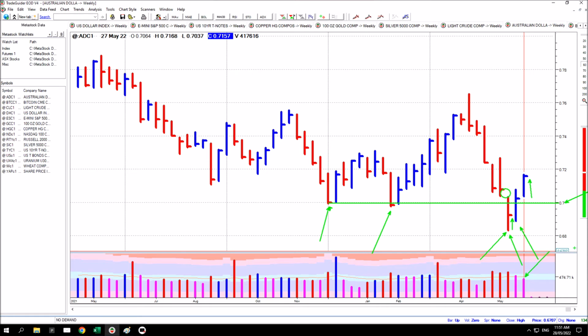So the market's vulnerable, there's no doubt, but it's moving in the inverse to the US dollar for now. When there's some strength back in the US dollar, if it emerges, we'll have to see if the market can find support back at the 70-cent level and bounce again, or if it's not, and it breaks back through, a second break below that level probably would be a significant break.